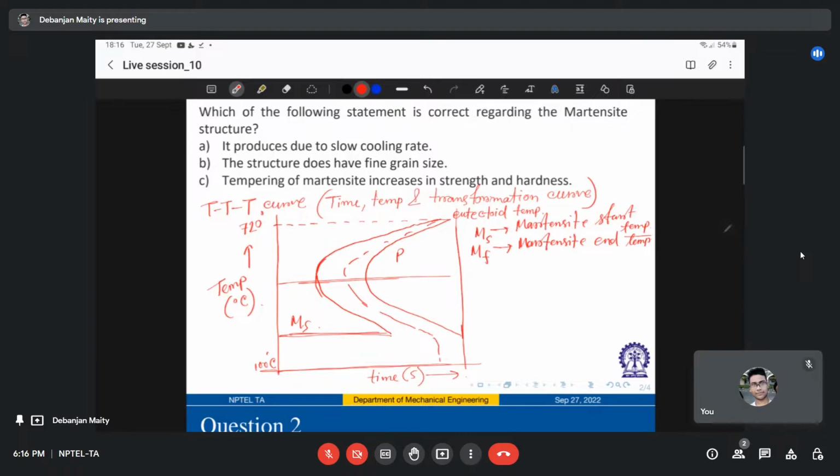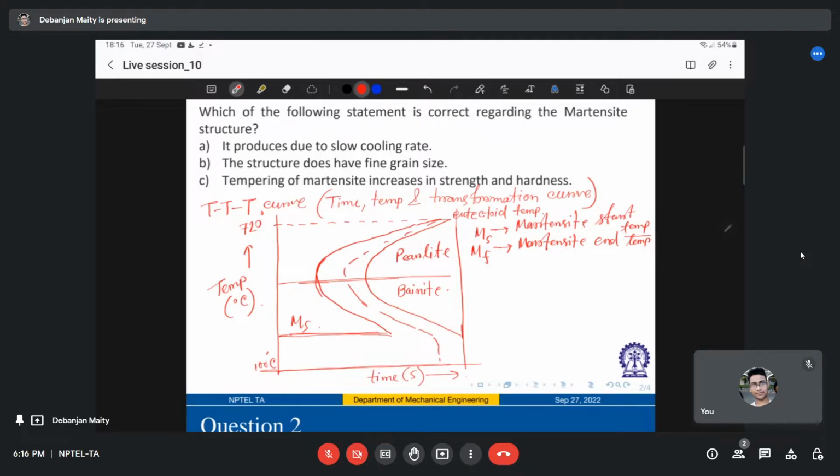And at certain temperatures, somewhere between 500 to 600, there is a phase formation called bainite, and here you will form pearlite.